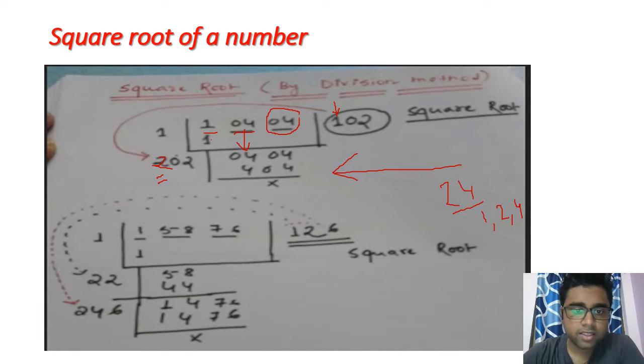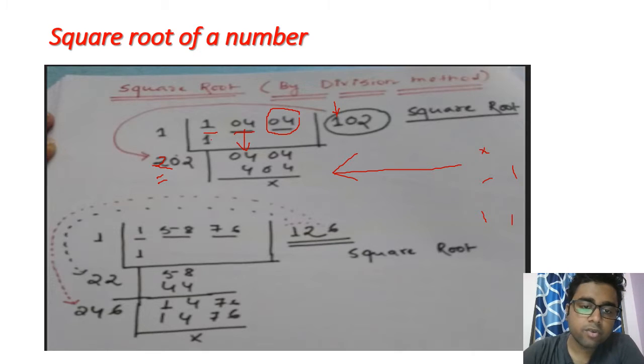But in that case, if we put 21 and multiply it by 1, we are getting 21. But 04 is less than 21.